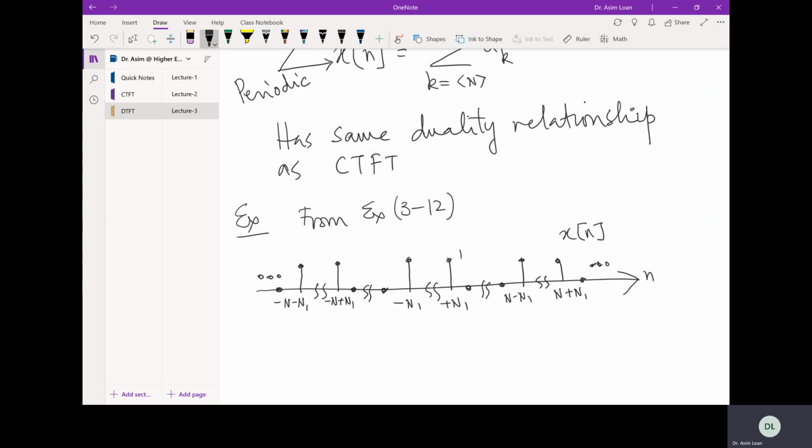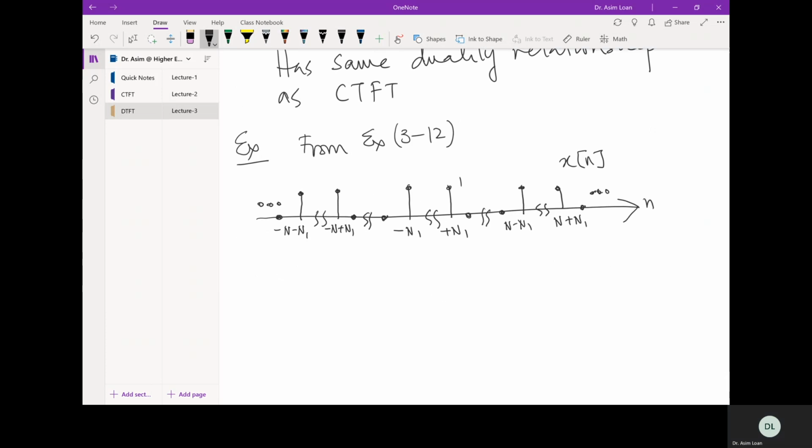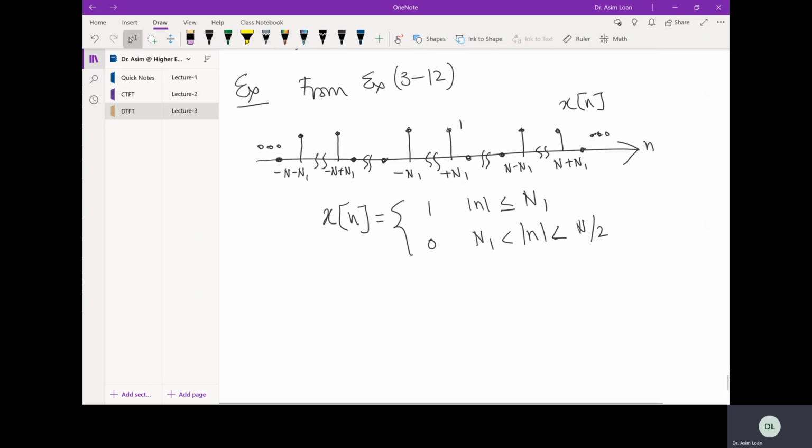Okay, so x of n was 1 for n less than or equal to n1, and 0 for n1 less than n less than n2.